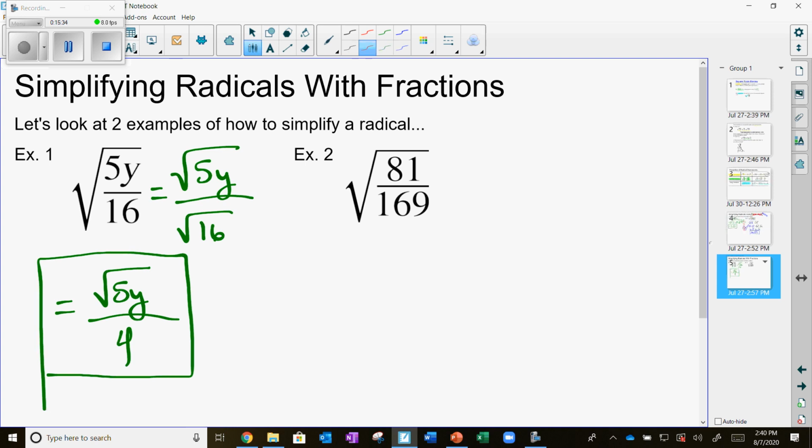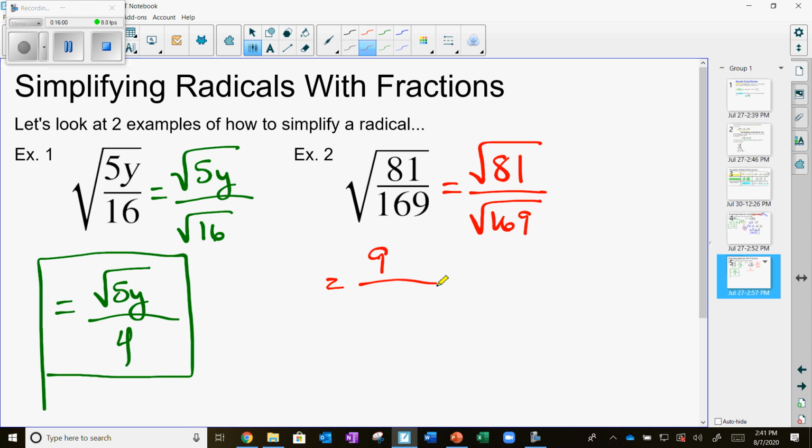Over on the other side, we've got the square root of 81 over the square root of 169. We want to split this up using the quotient property. So we're going to say the square root of 81 over the square root of 169. Now, some of you probably are looking at the square root of 81 and thinking, yeah, that's definitely 9. You may then look at 169 and say, I don't really know.